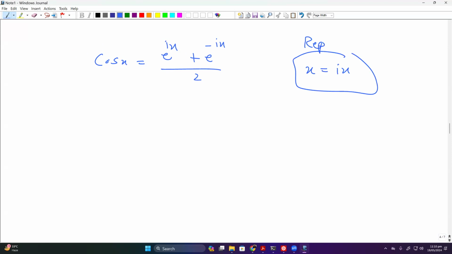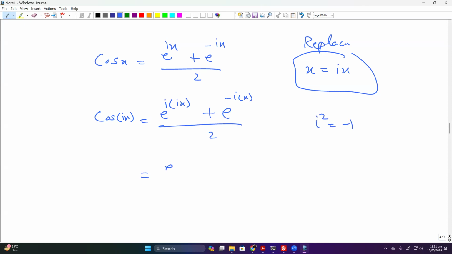So I was discussing that if I take, let's suppose, cos x equal to (e^(ix) + e^(−ix))/2, and replace x by ix. Everywhere I will replace x by ix. So this is cos ix. Here we have e^(i·ix) plus e^(−i·ix), divided by 2, and i squared is equal to minus 1.